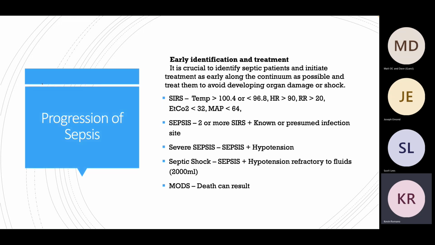If you have 2 or more of these, that's considered systemic inflammatory response syndrome. Now, if you have 2 or more SIRS plus a known or presumed infection site, now you have sepsis. Severe sepsis is sepsis with hypotension, and septic shock is hypotension refractory to fluids of 2,000 milliliters.